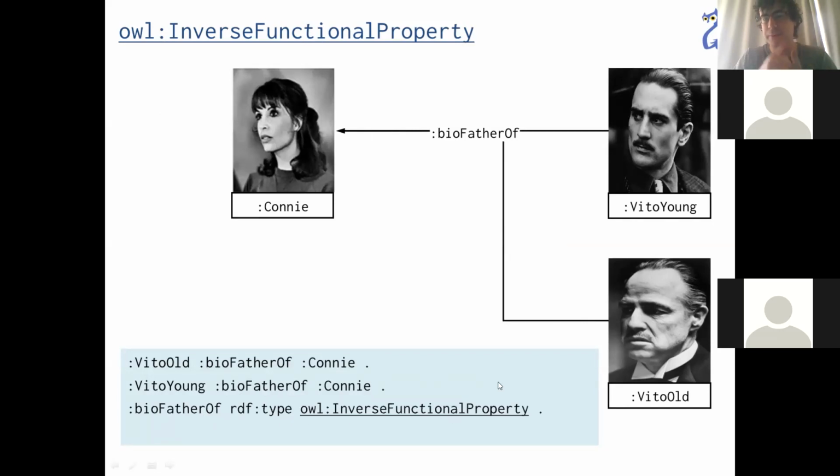If has biological father is a functional property, then its inverse, biological father of, would be an inverse functional property. It's essentially the same concept, saying that the value identifies the things related to it.